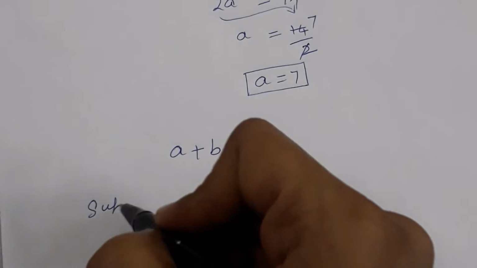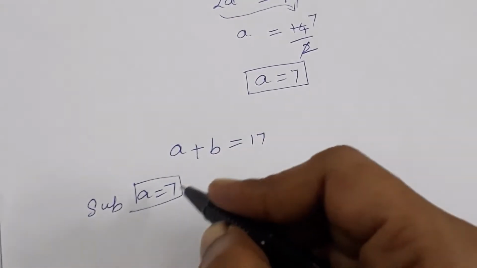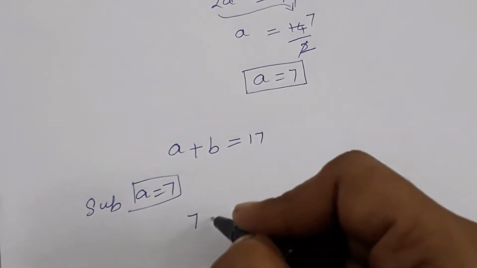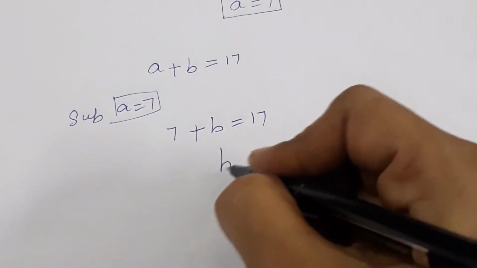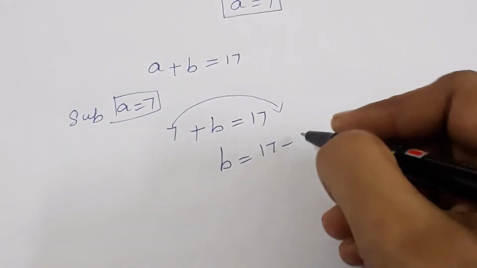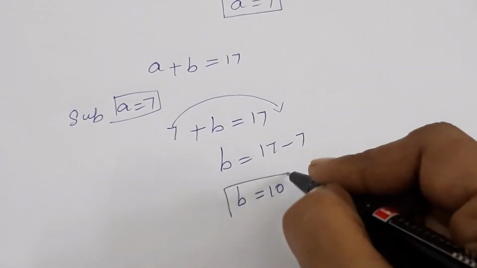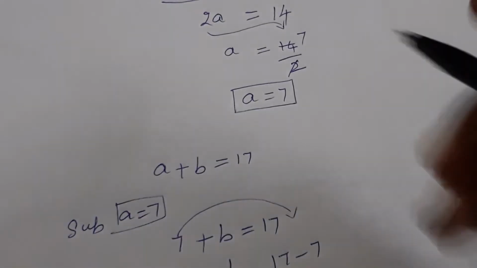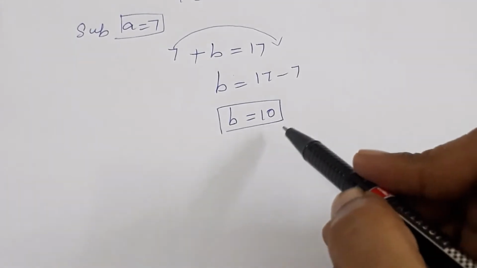Substitute a equals 7 in this equation. So instead of a, you have to put 7. 7 plus b equals 17. b equals, this plus 7 will go there, so minus 7. b equals 17 minus 7, 10. That's all. So the value of a is equal to 7, the value of b is equal to 10.